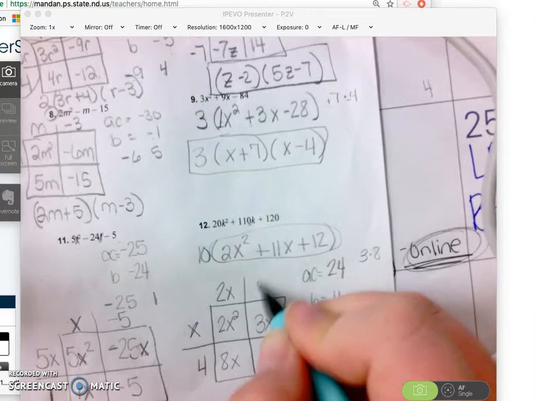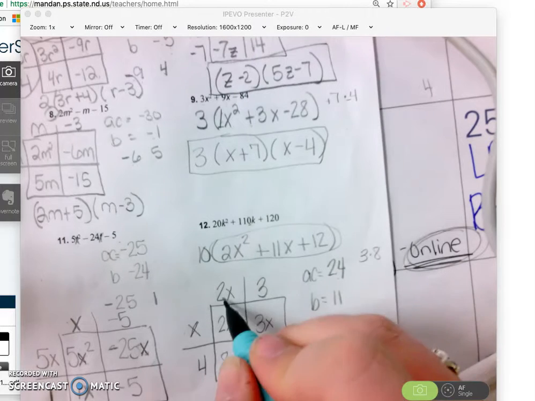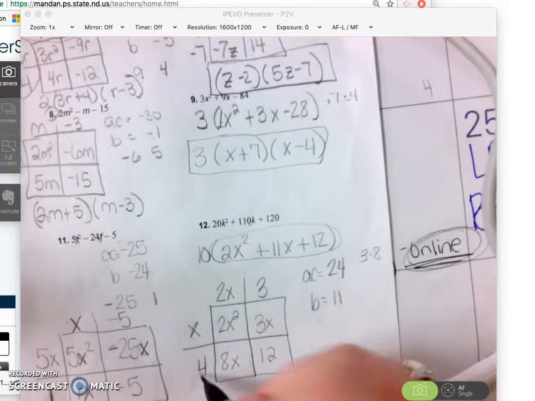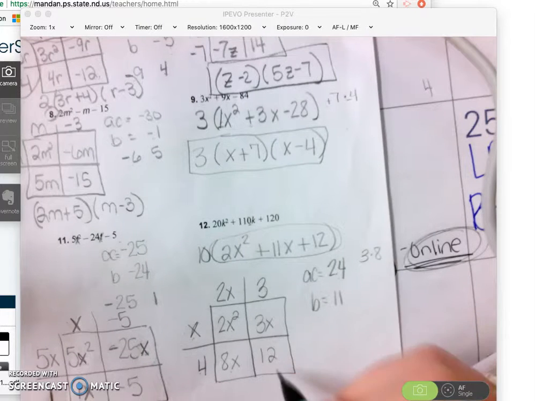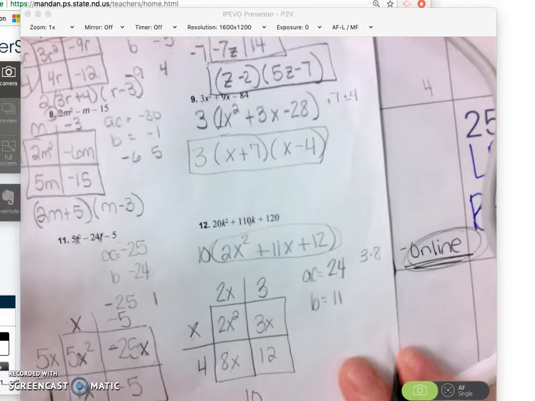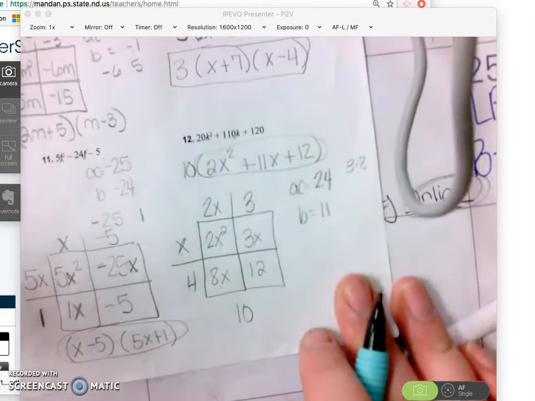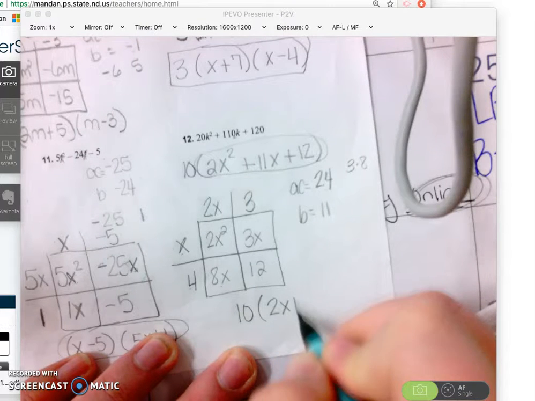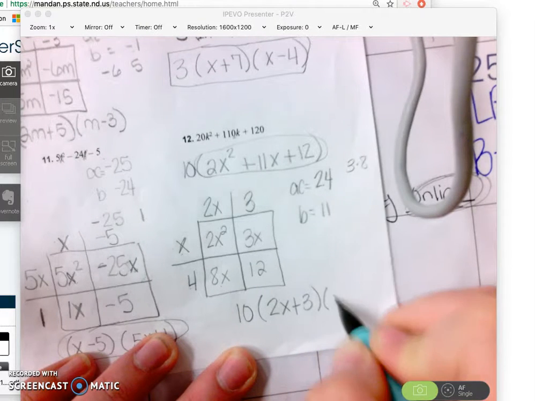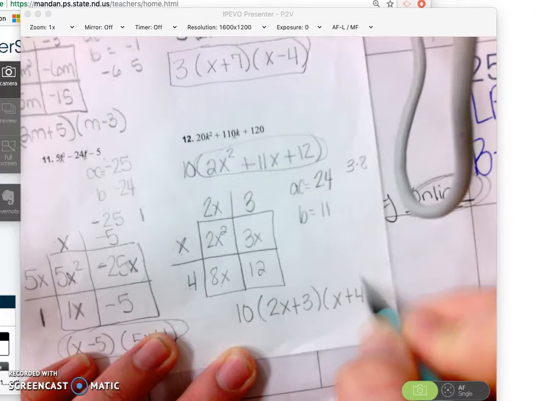This has in common a 3. 2x times x is 2x squared, 2x times 4 is 8x, 3 times x is 3x, and 3 times 4 is 12. So I need to make sure to bring my 10 down. Multiply 2x plus 3 multiplied by x plus 4.